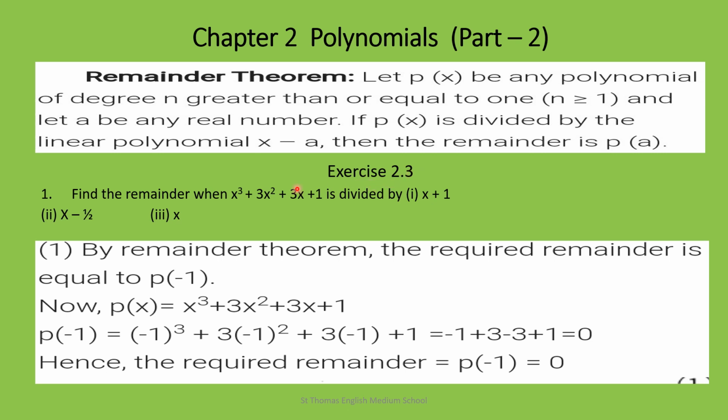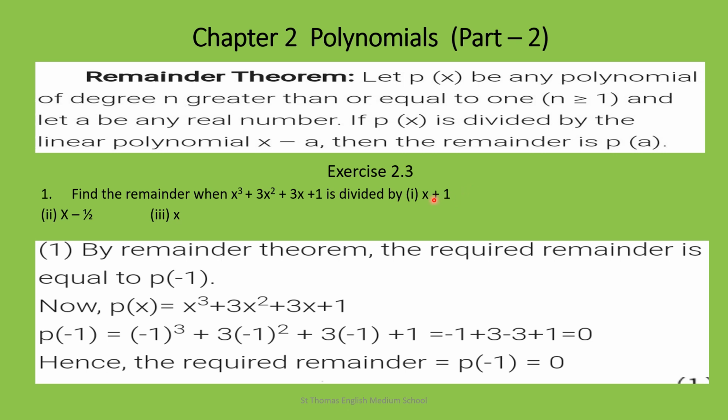Exercise 2.3, question number 1. Find the remainder when x cube plus 3x square plus 3x plus 1 is divided by, in that question number 1, the linear polynomial x plus 1. So first you are finding the zero of the linear polynomial x plus 1. To get the zero of the polynomial x plus 1, you have to equate it to 0.